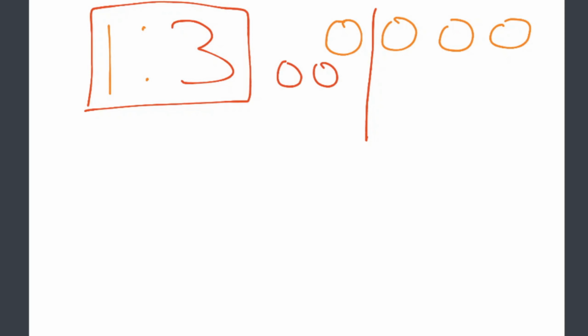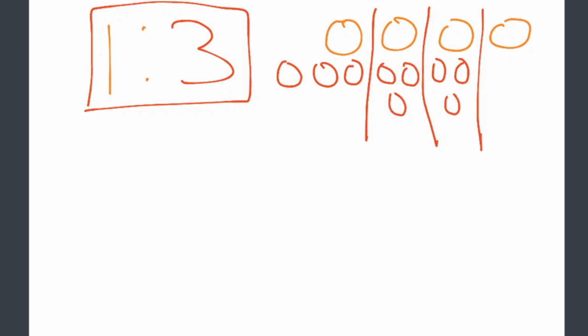So now let's say we had the ratio, for every 1 orange, there are 3 apples. Let's keep this ratio, and if we had 4 oranges, how many apples would we have? One way to do this, we know for every orange there's going to be 3 apples. So for this first orange, we can have 3 apples. For the second one, we can have 3.